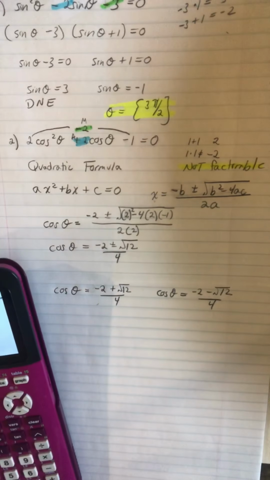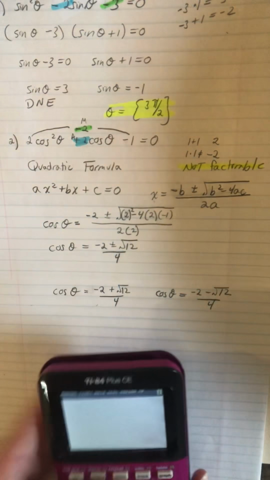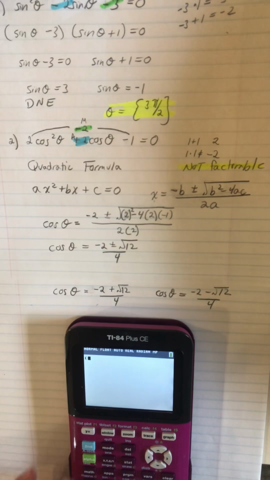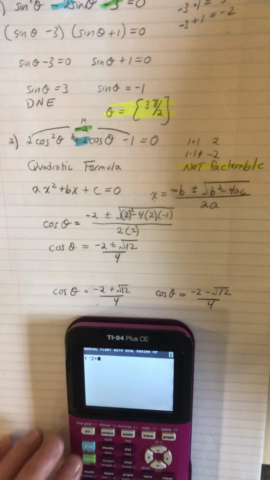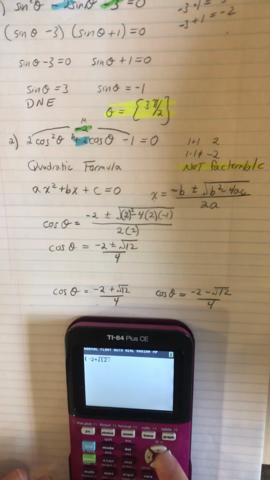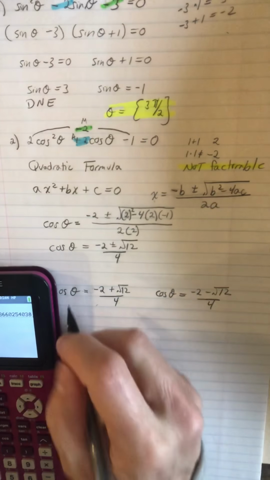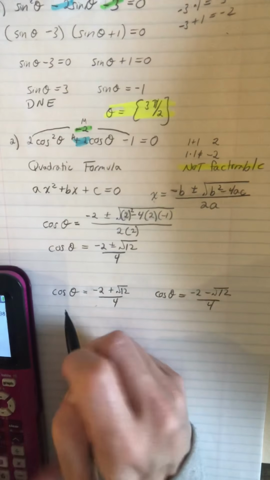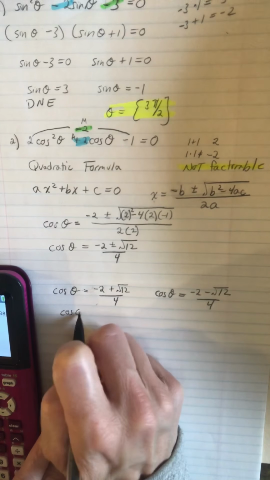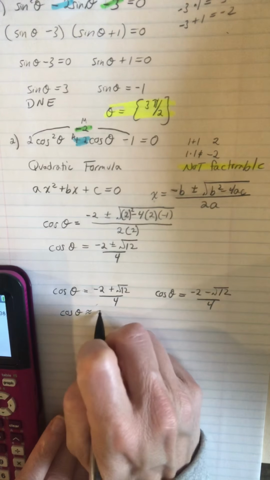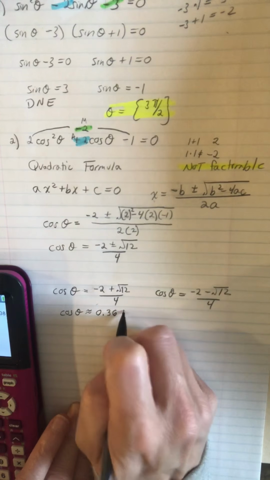If you put that in your calculator, you're getting -2, put your numerator in parentheses, plus the square root of 12, close the parentheses, the entire numerator goes in parentheses, divided by 4. That will be approximately, let's round to 3 decimal places, especially in radians, 0.366.